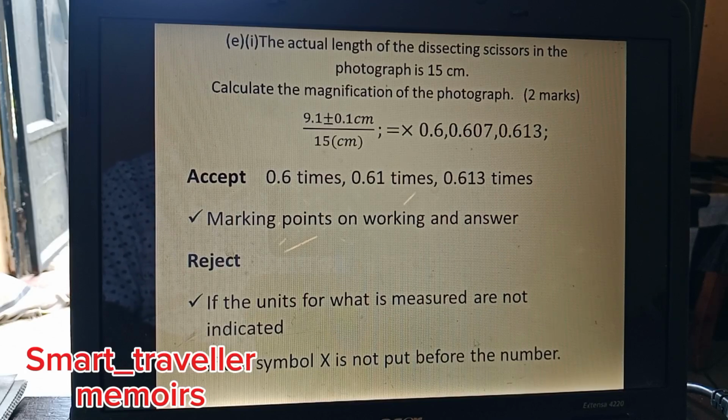That's the formula for magnification. When you do the calculation, you get 0.6 times, 0.61, and 0.613. Marking points on working and the answer: reject if the units for what is measured are not indicated, and if the symbol X is not put before the number. The symbol X represents magnification.